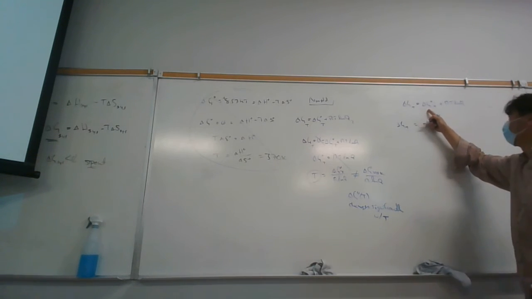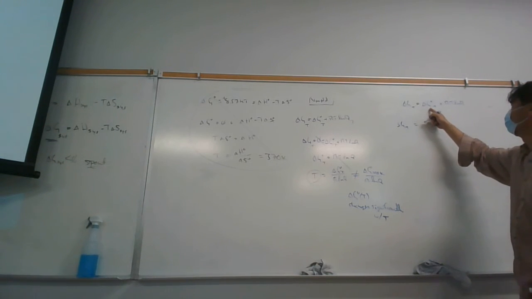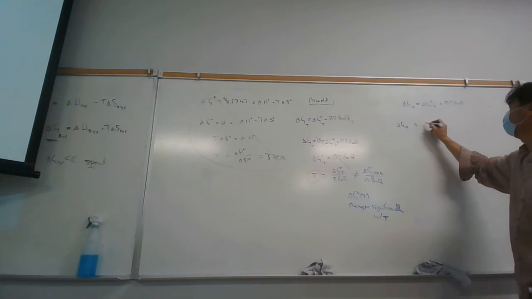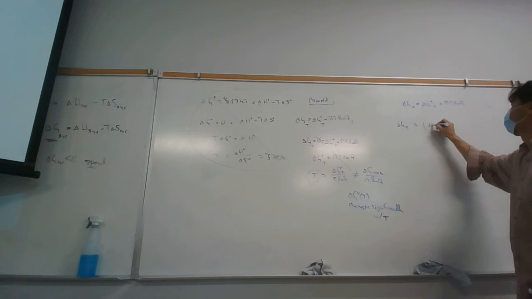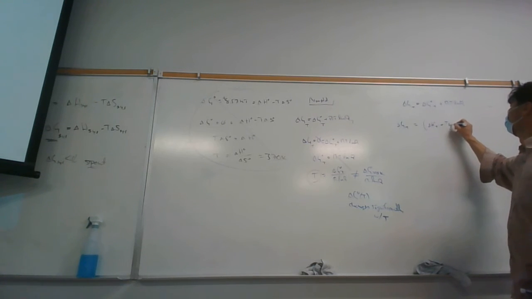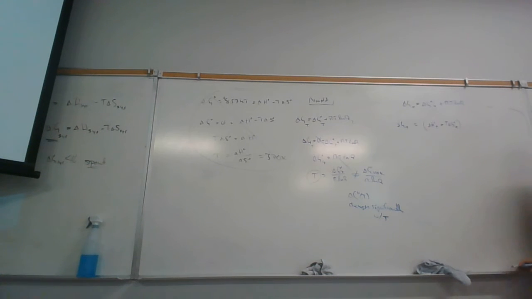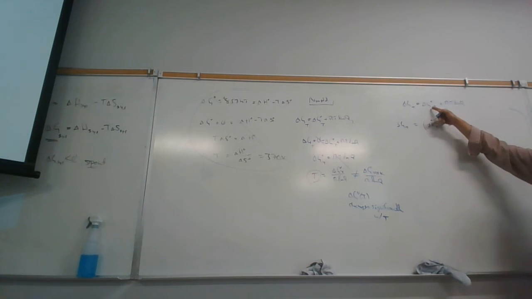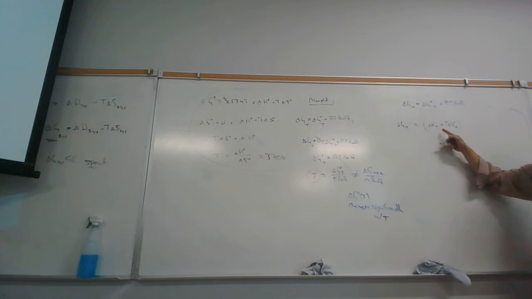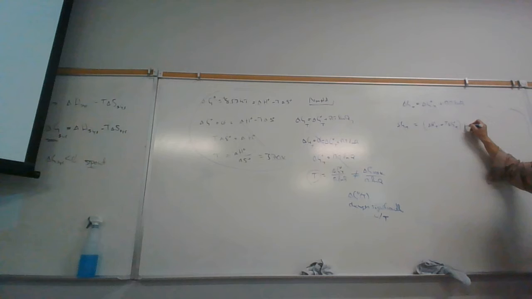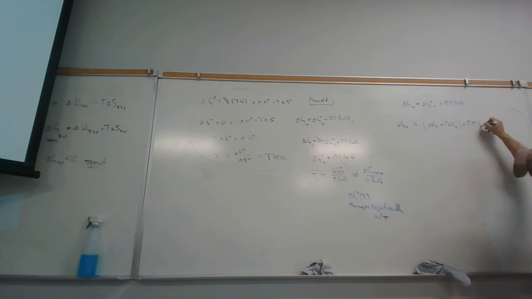We're going to substitute that in here. What we're going to substitute in is delta G naught at temperature T is approximately equal to delta H naught at temperature T minus T delta S naught at temperature T. Instead of having this as delta G naught at temperature T, which we have to figure out, the way we're going to figure it is by using this equation here, plus RT ln of Q.